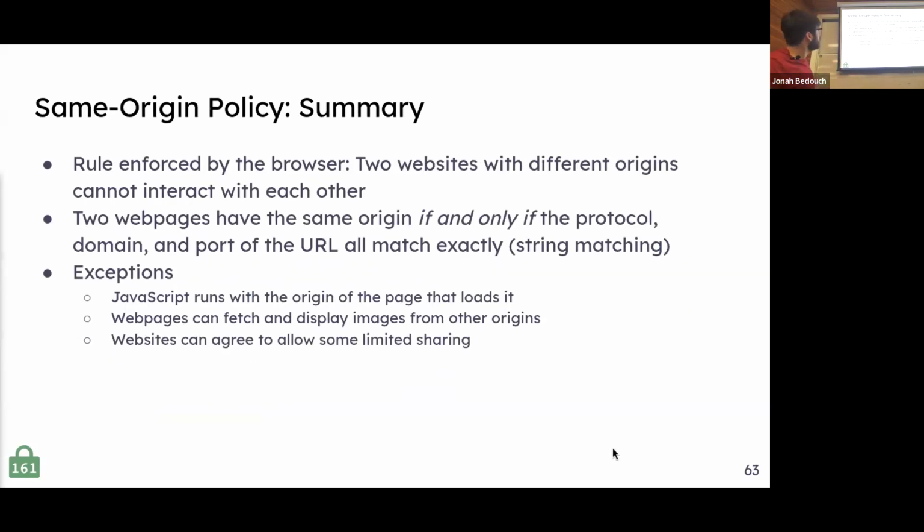Then we talked about the same origin policy, which basically says that two websites whose origins don't match should not interact with each other at all, unless they have the same origin, which only happens if the protocol, port, and domain match exactly, except for these exceptions in the form of JavaScript, images, and limited sharing that two parties both agree to have. OK, that's all I've got.